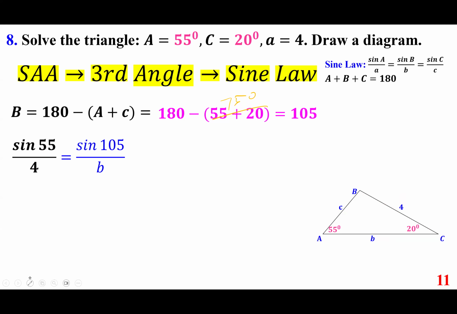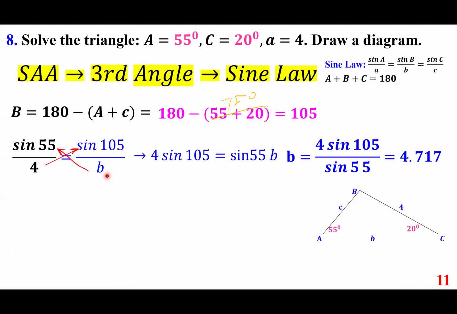That means 4 times sine of 105 divided by sine 55 must be b. Putting it into a calculator results in 4.717.